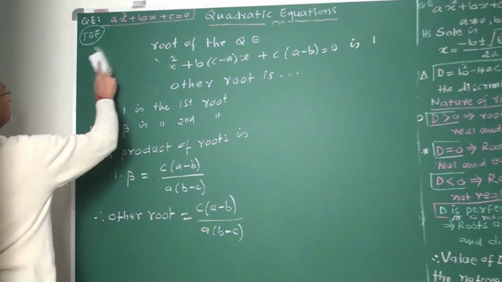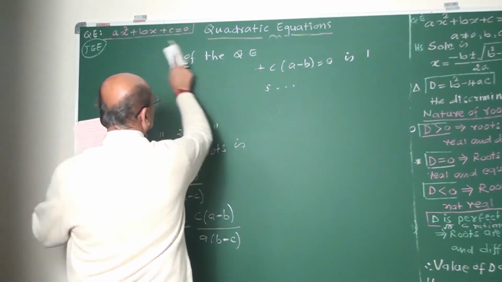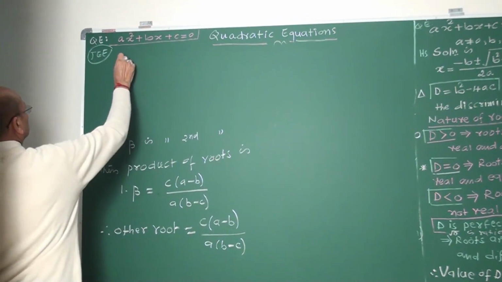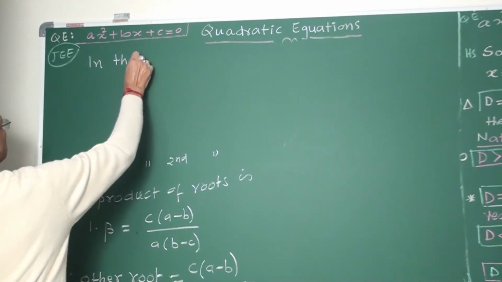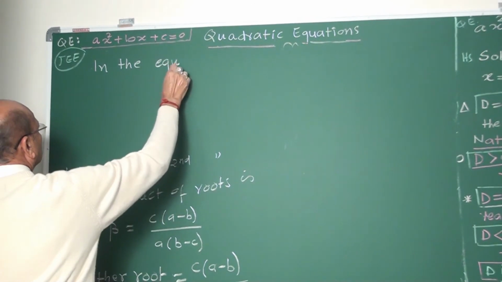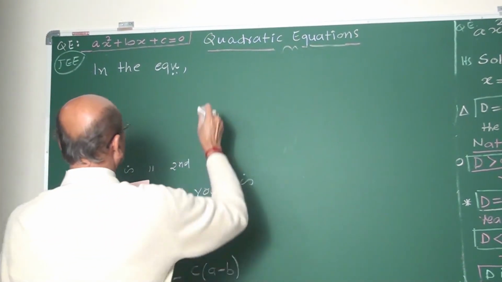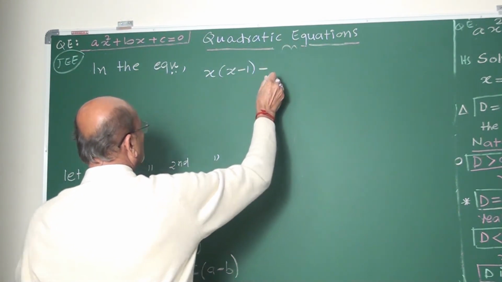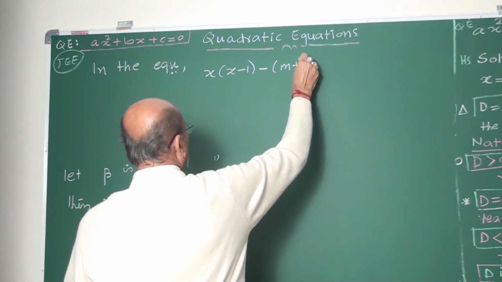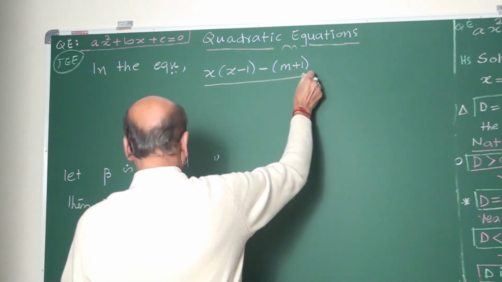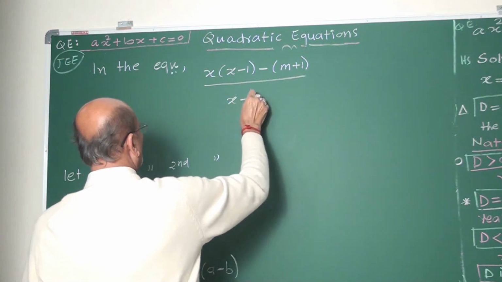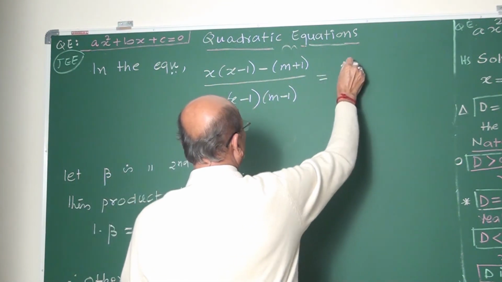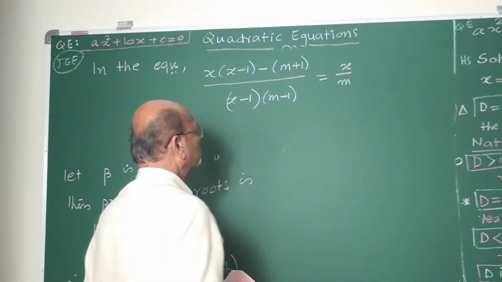Next one is: in the equation, x into x minus 1 minus m plus 1, denominator x minus 1 into m minus 1, equal to x by m. This is the given equation.